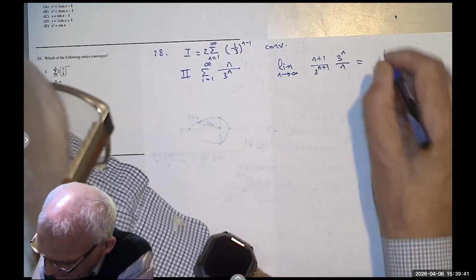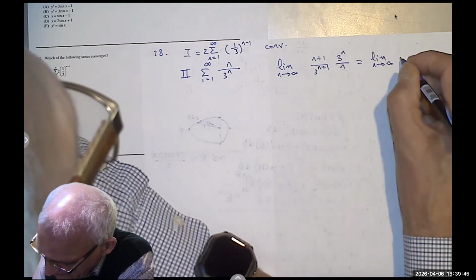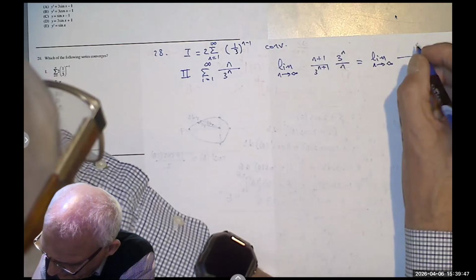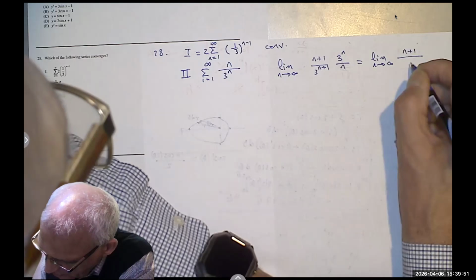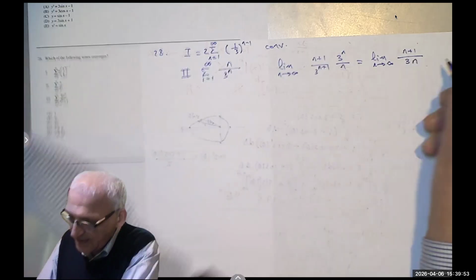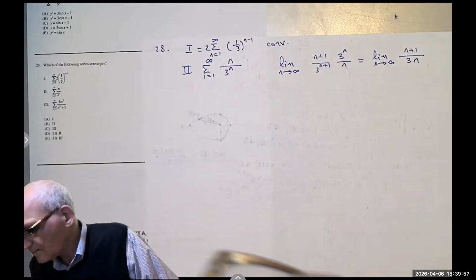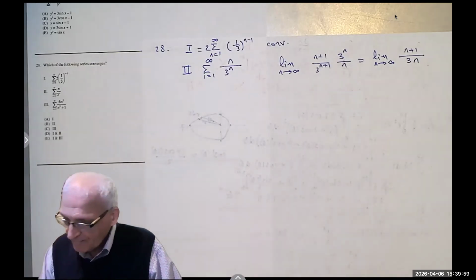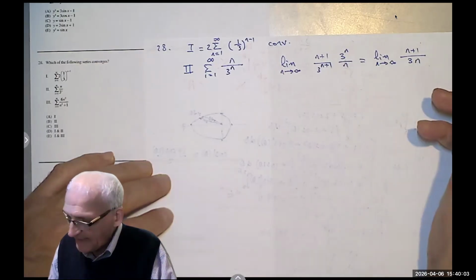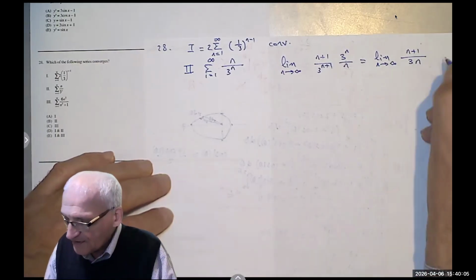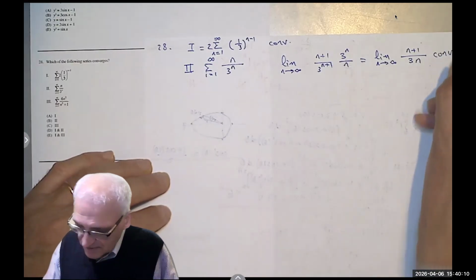So that becomes the limit as n approaches infinity of n plus 1 over 3n. Then when you divide top and bottom by n, you get 1/3, and 1/3 is less than 1. So this one also converges.